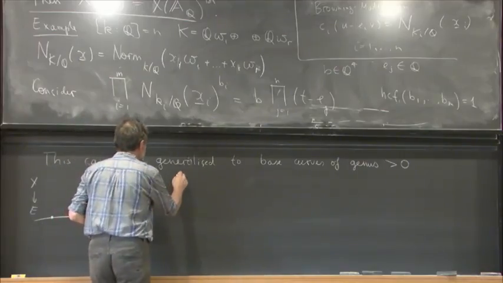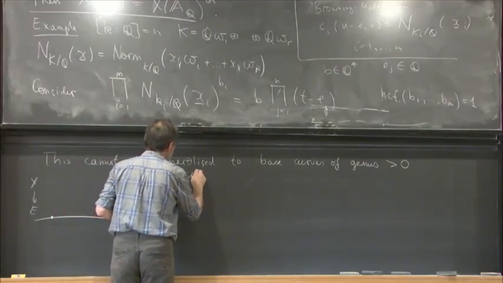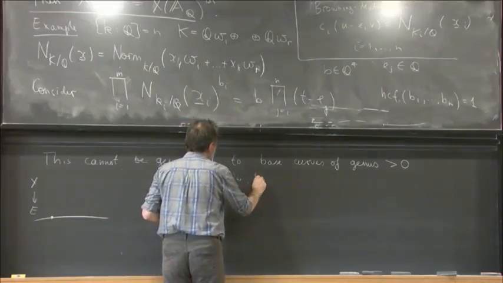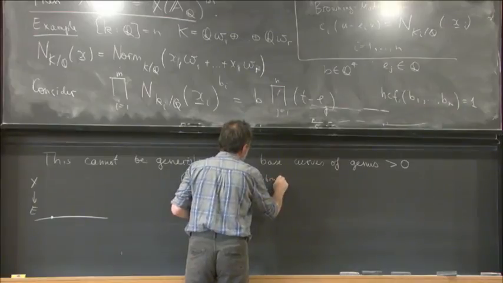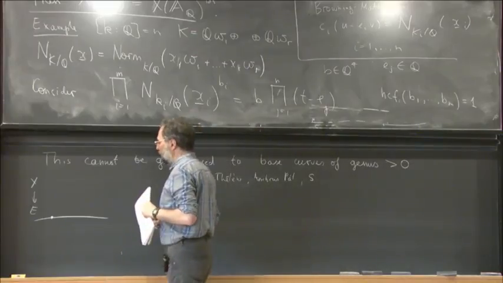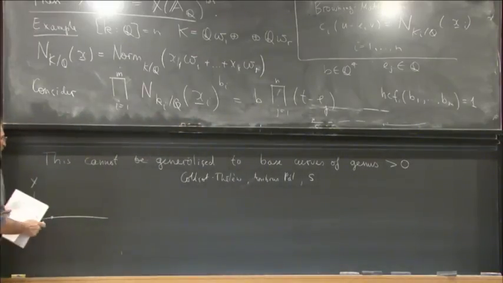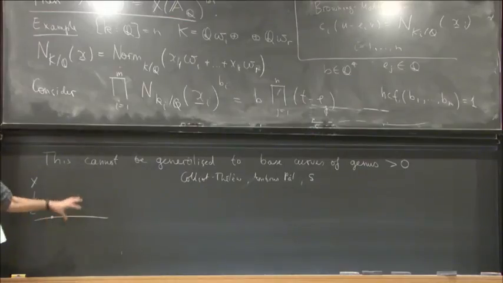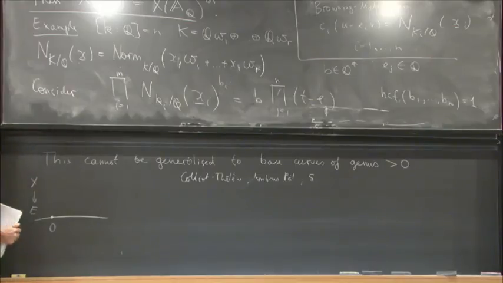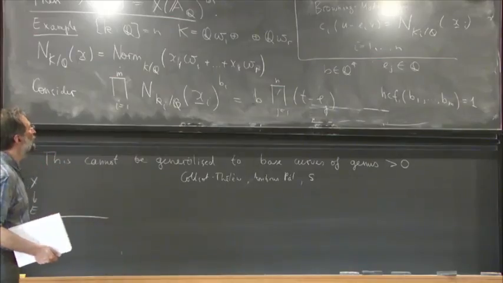In a recent paper by Colliot-Thélène, Ambrus Pál, and myself, we use one trick of Bjorn Poonen, who suggested that the worst possible situation is when you have a curve with just one rational point. So suppose that E is a curve of genus 1 or higher that has exactly one rational point, then it's very easy to consider examples where everything breaks down.